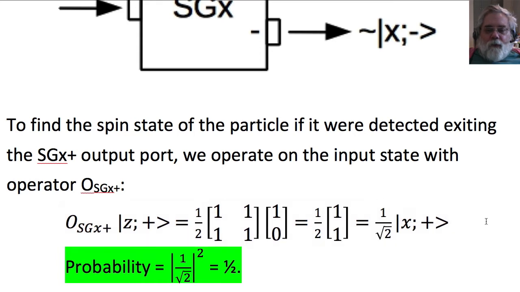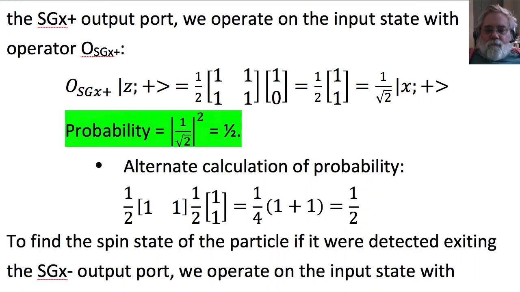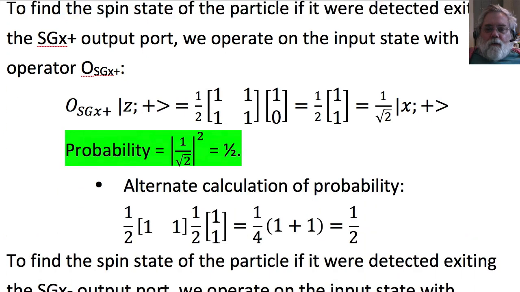And the probability, the norm squared of that, is 1/2. We can calculate the probability 2 ways. We can do norm squared of the final state, and we get 1/2. Alternatively, we can do the inner product of the vector with itself.